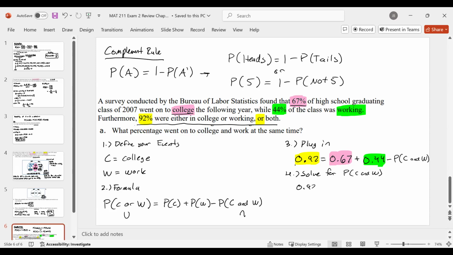So 0.92 is equal to 1.11 minus the probability of C and W. If I subtract this over, then I get negative 0.19.